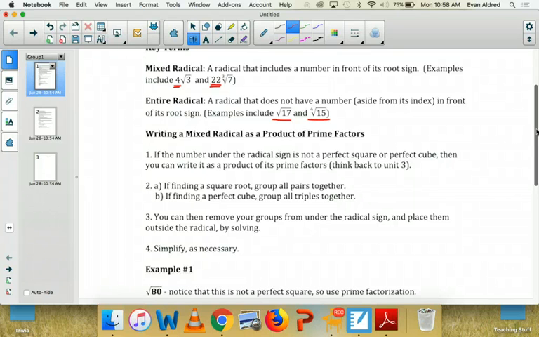So we'll start by writing an entire radical as a mixed radical. There are two ways you can do this. There is a quick way, which is quite heavy on mental math, and there is a way that you can solve it that involves prime factorization.